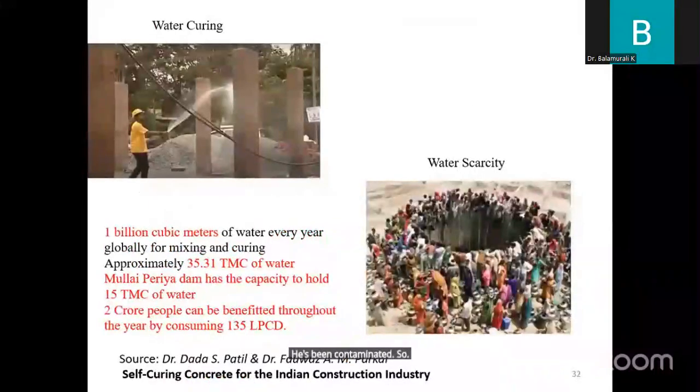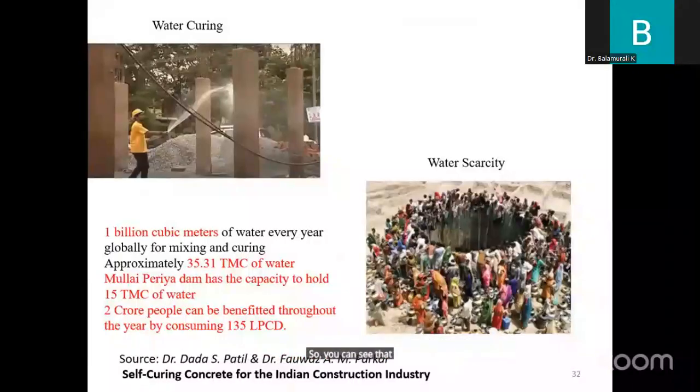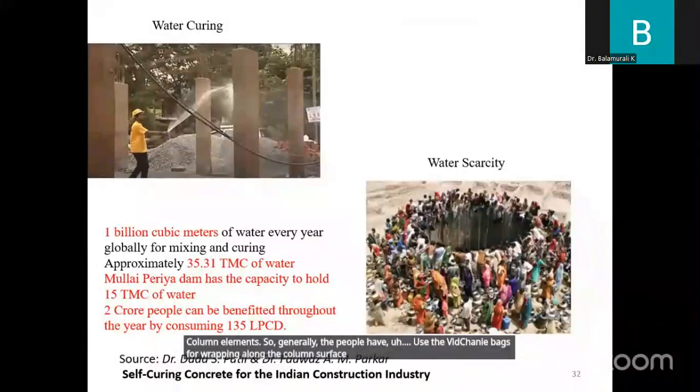So in this picture, I have shown water curing in the left top and water scarcity in the right bottom. You can see that a person is spraying water for curing of column elements. Generally people use wet gunny bags for wrapping along the column surface, and finally they will be pouring the water. A similar scenario is seen in this picture.